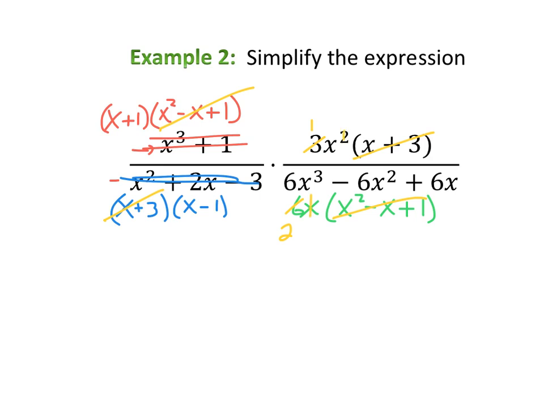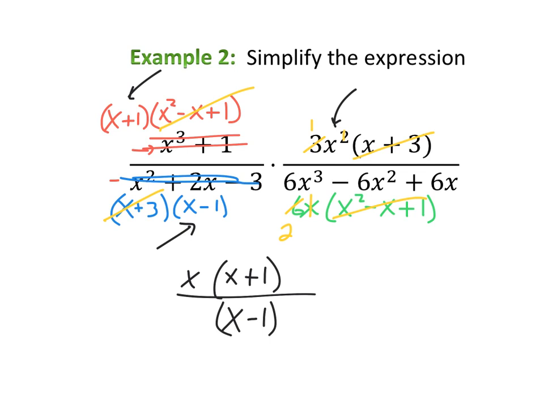So rewriting everything that I have left, on top I have a single x, 1x if you prefer, and also x plus 1. On the bottom, I have x minus 1, and also a factor of 2. And that's all the farther I can go.